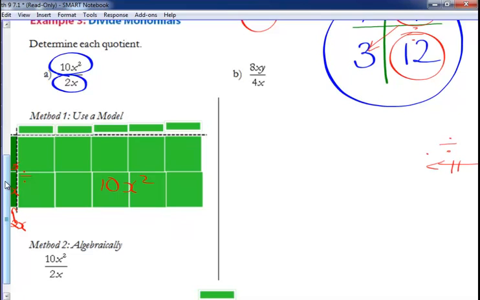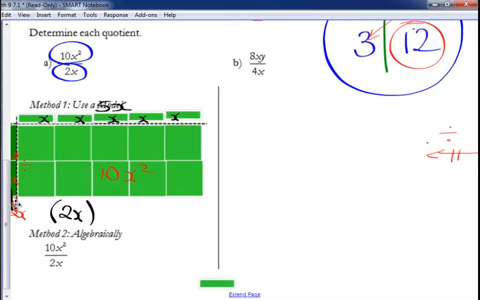So this is what we end up with here. Checking this out, along the top here, of course, these are all x's, and so we end up with a 5x like that. Now think about it here. On the vertical we've got 2 x's, along the top we've got 5 x's, and we know 2 times 5 is 10, x times x is 10x squared.